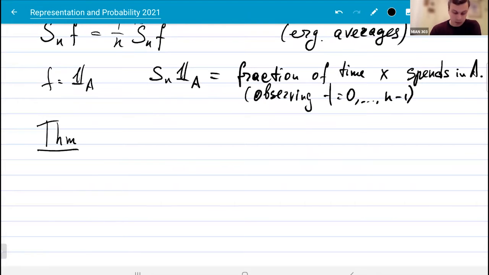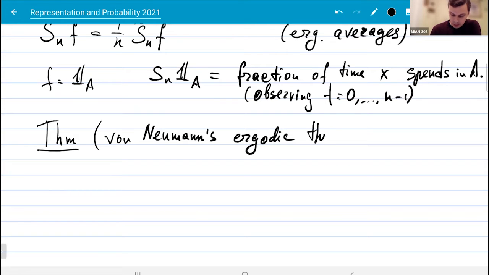The first theorem is von Neumann's Ergodic Theorem. It says the following.